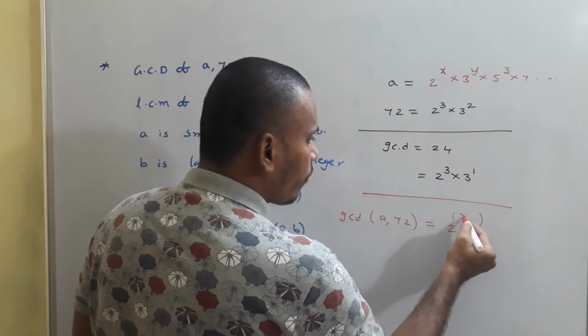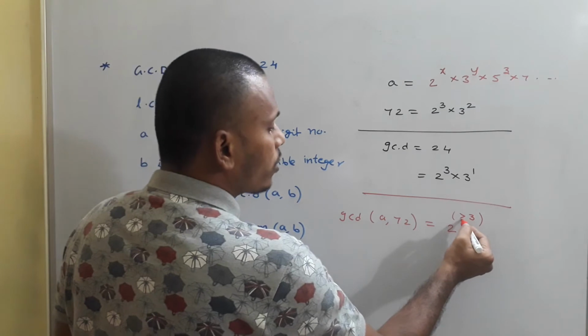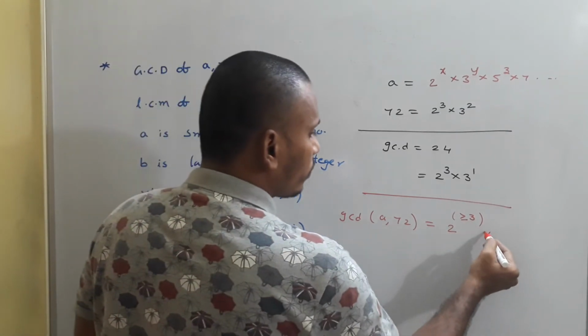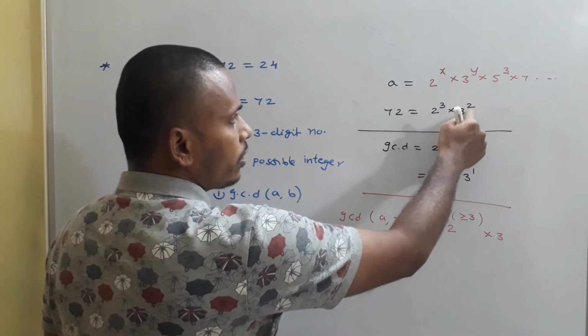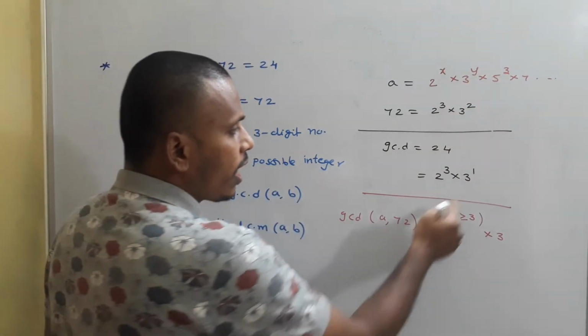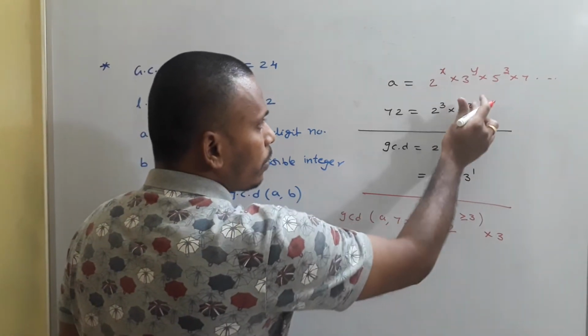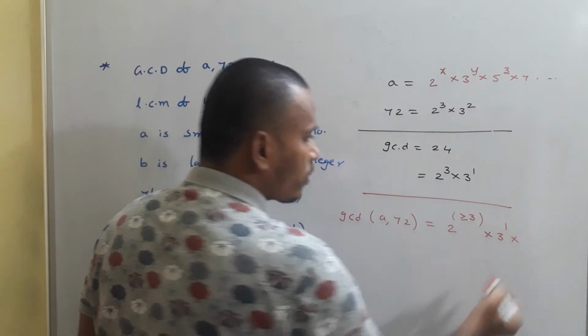This position you can fill with any number which is greater than or equal to 3, into 3 power minimum value of y comma 2. Since it is 3 power 1, that minimum value should be 1, so y should be 1. 3 power 1 is fixed.